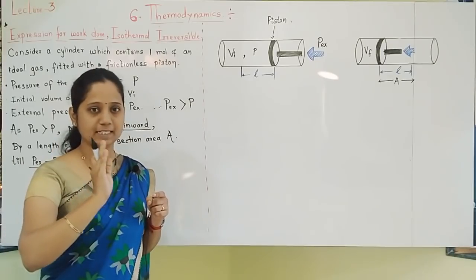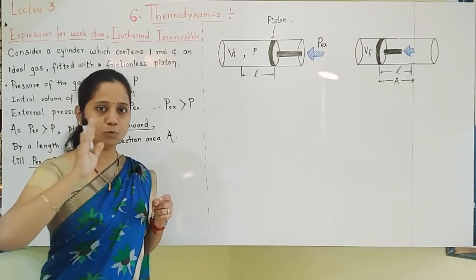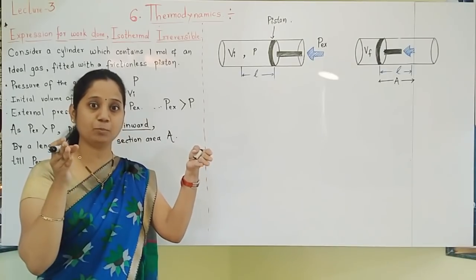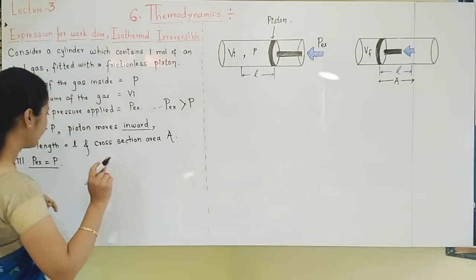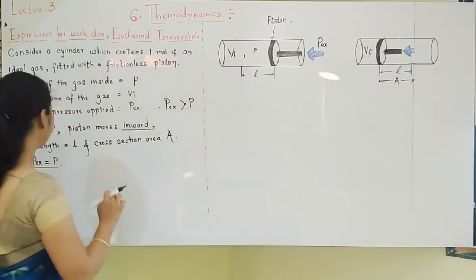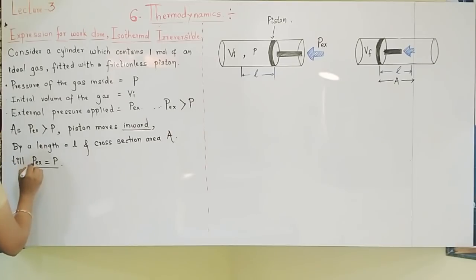Then it stops its movement. When both become equal, it stops. So it stops here, after a length of L, till P external becomes equal to P.